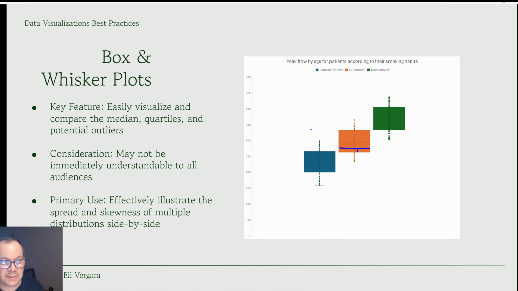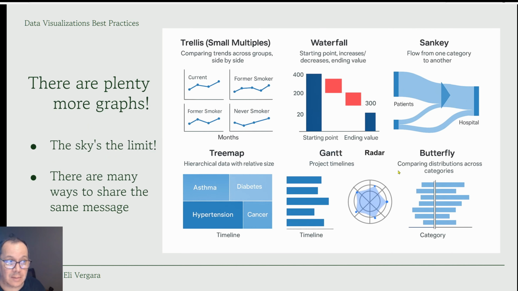So box and whisker plots are great for understanding the shape of our data. And also, as in this case, they can help us understand the positional place of our data compared to other categories, right?